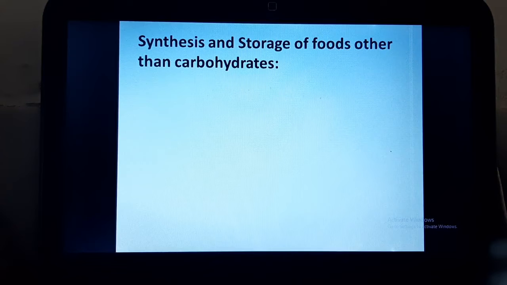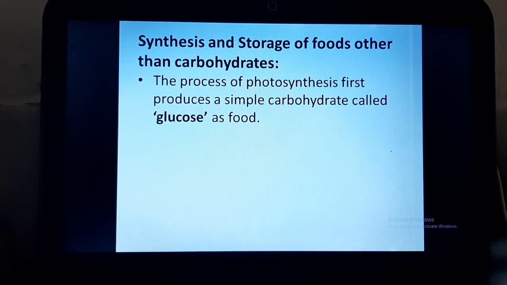Synthesis and storage of food other than carbohydrates. The process of photosynthesis first produces a simple carbohydrate which is called glucose as food. So in the process of photosynthesis, we had studied that the plants utilize carbon dioxide which they are getting from the atmosphere, and the carbon dioxide is entering the leaf through stomatal pores.